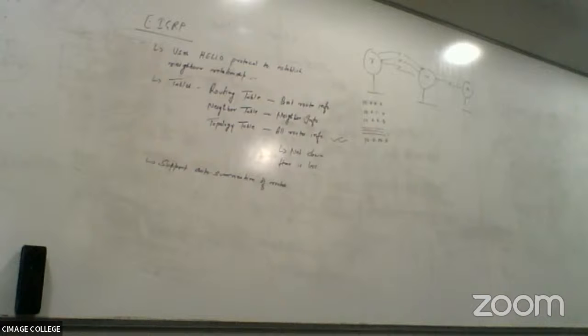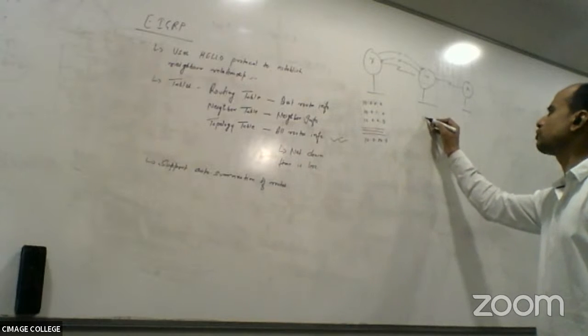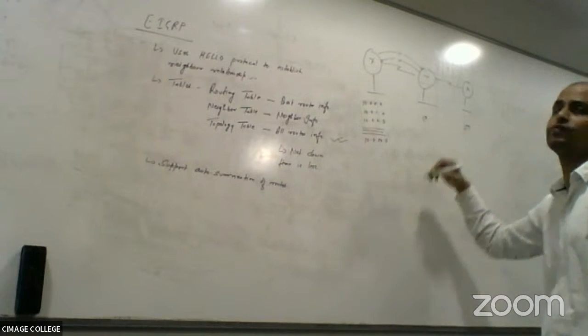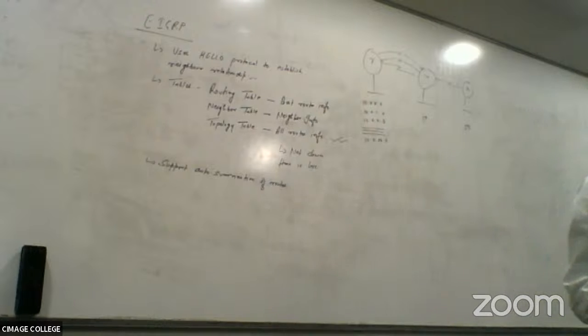Suppose the first router has 50 networks, second router has also 50 networks, third router has also 50 networks. In this case, every router will have at least 150 network information. In case there are 150 network information, routing table size will be large.